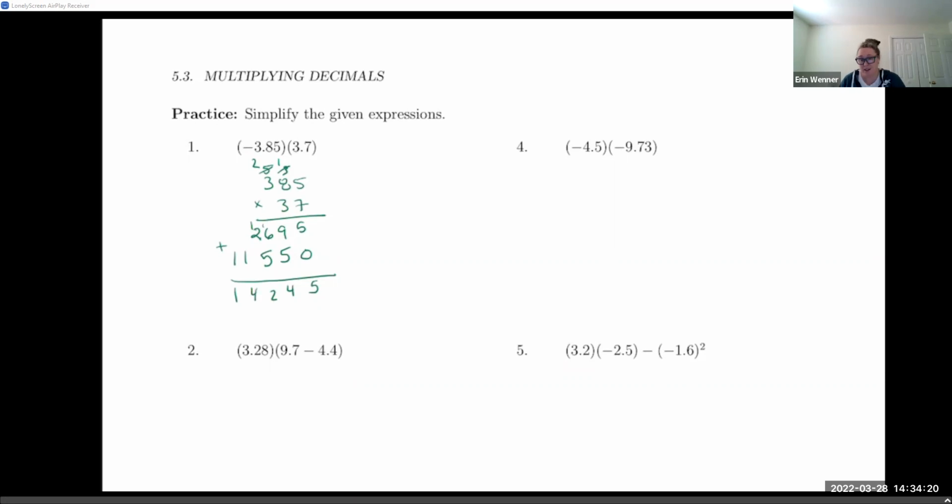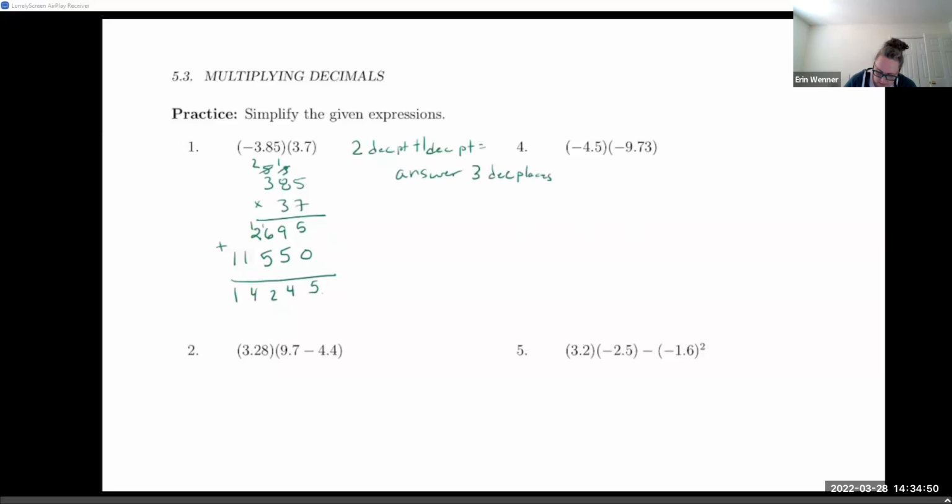Now, we're not done here, right? We can't say that our answer is 14,245 because we're ignoring the fact that that first number had 2 decimal points and the second number had 1 decimal point. So 2 decimal points plus 1 decimal point means that our answer must have 3 decimal places.